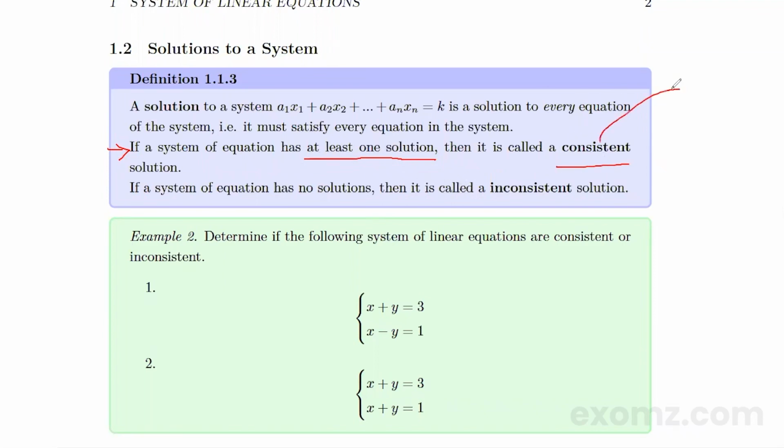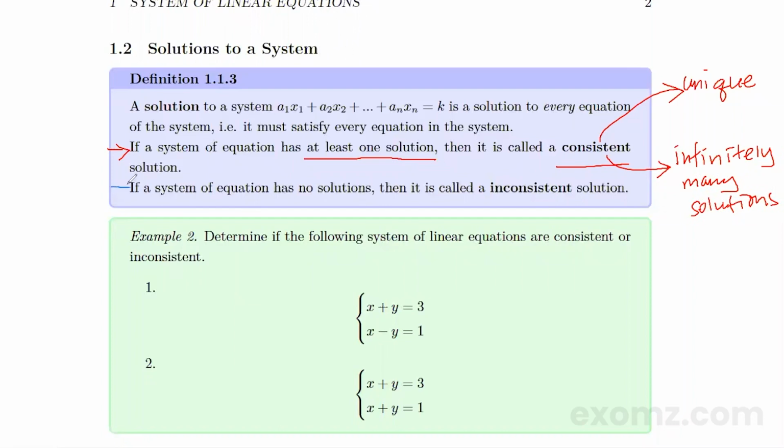Notice that there are actually 2 different cases when considering a consistent system. The first case is when you have a unique solution. And the second case is when you have infinitely many solutions. I'll talk about that a bit later in the section below.